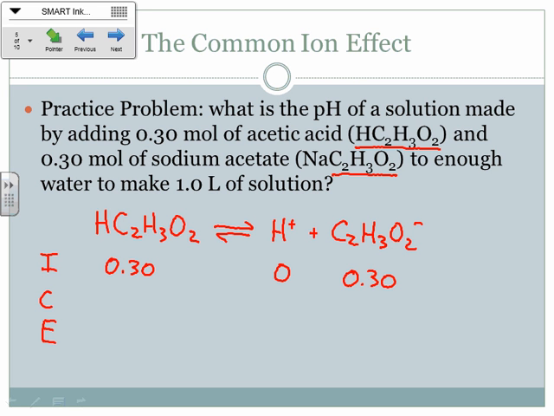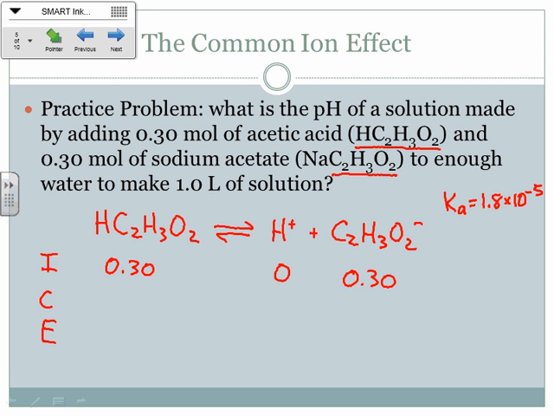And I should have that memorized, we use it enough, but I don't, so let me look that up real fast. The Ka for acetic acid is 1.8 times 10 to the negative fifth. Okay, so now we have our Ka, and we have our initial concentrations, which is all that we need in order to solve one of these ice tables.